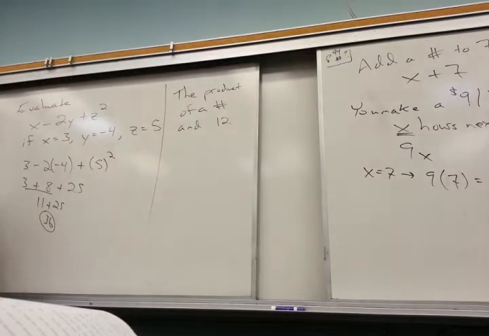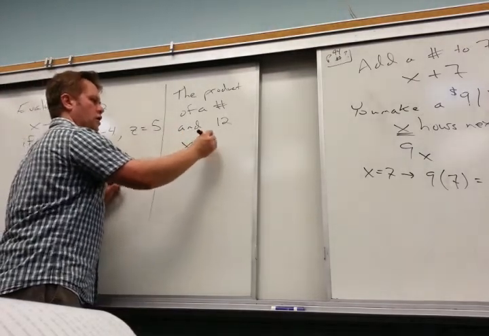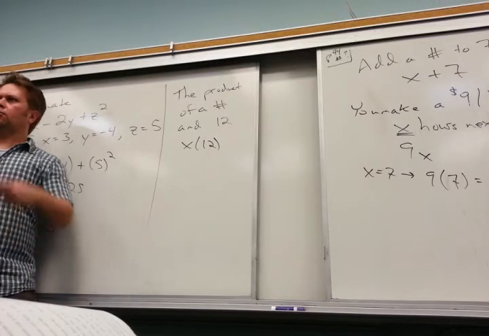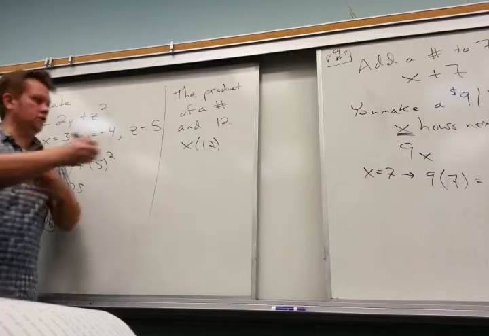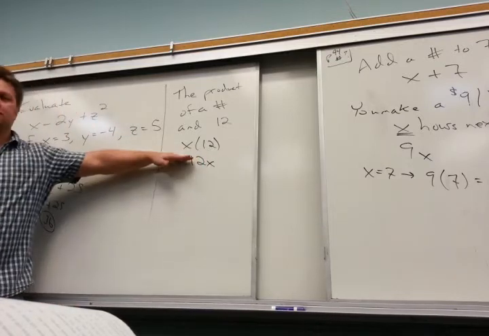How would you write that in Mathish? I love it. You could do a number times 12, and I can't really fault you for that. But in general mathematics, we put the coefficient, the number, first, and the variable second. So you could write that as 12x. Either way. Go for this way. That's convention.